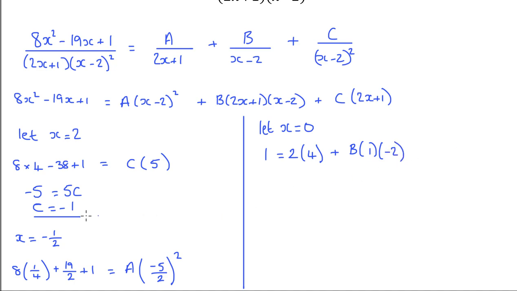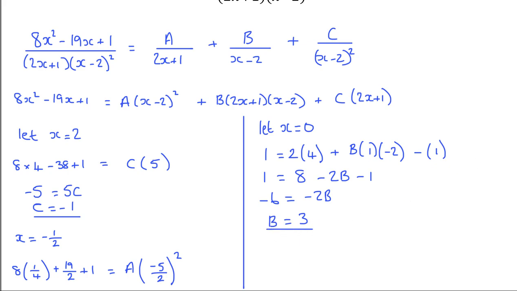Add c lots, but c is minus 1, so take away 1 lot of 1. When x is 0, we have 1 here. So that gives us 1 is equal to 8 minus 2b minus 1, which is negative 6 is equal to negative 2b, which means that b is equal to 3.